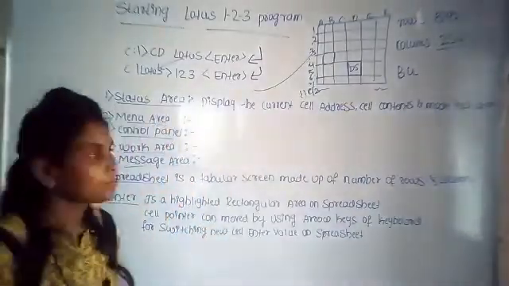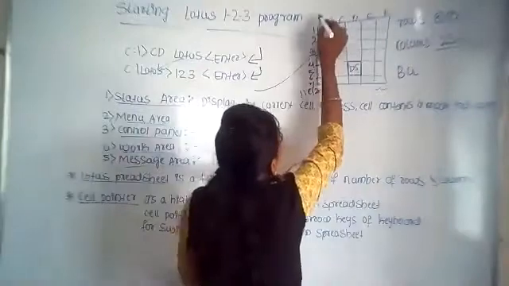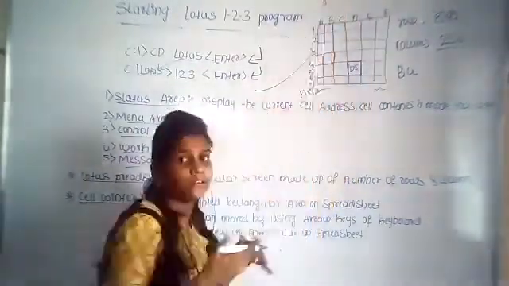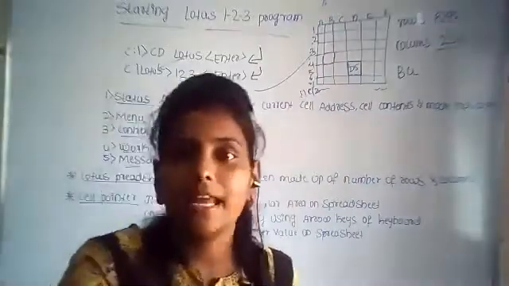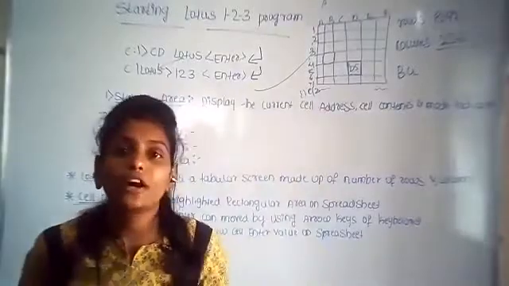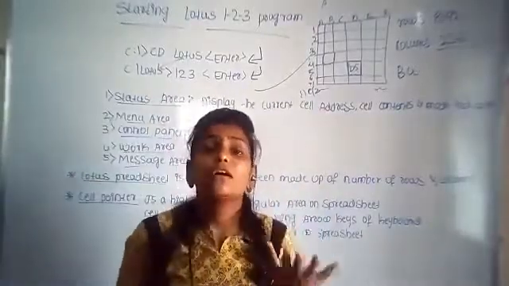Next, menu area. Okay, menu means what? The above, like that A, and you can change the font style, font size, font color. You can draw the chart and you can use the formulas.